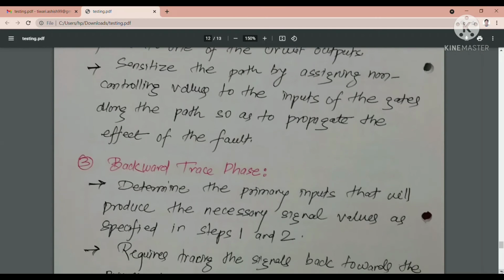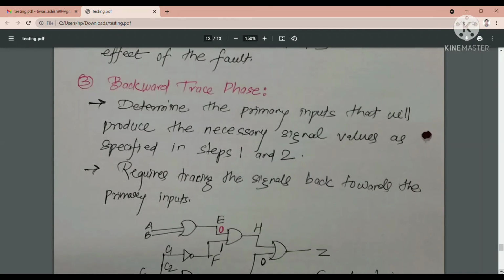Now the third step, and the important step, is the backward trace phase. What is the backward trace phase? Determine the primary inputs that will produce the necessary signal values as specified in step 1 and step 2. So the above two steps have to be followed by the third step, and in the third step we will ensure that there will be no fault in the propagation of the signals from input to output.